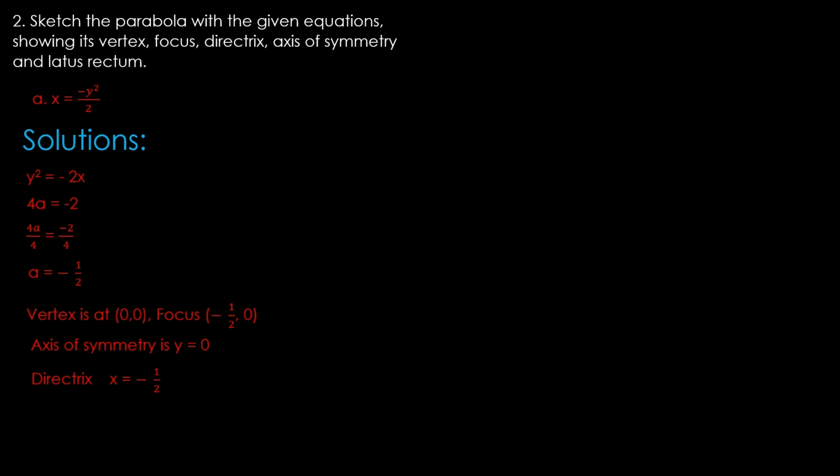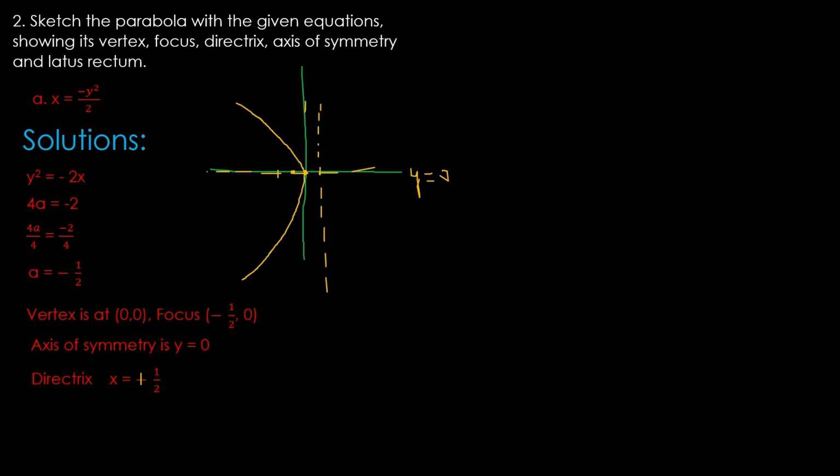So we're going to solve for that. Our vertex is here, and our focus is (-1/2, 0), so if this is 1, this is -1/2. Our directrix is +1/2. Focus is -1/2. Our axis of symmetry is this one. Okay, and then for the latus rectum, it's somewhere here.